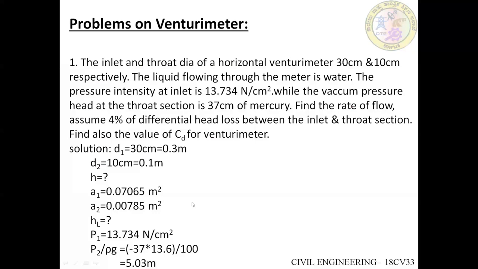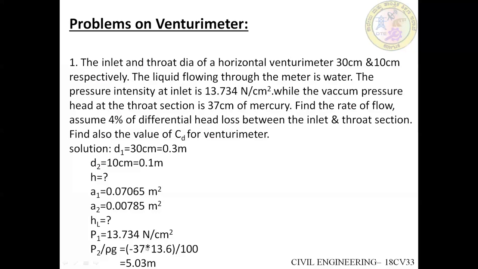And P1, the pressure intensity at section 1, is given. It is in Newton per centimeter square, so if you convert this to meter square, you multiply by 10 to the power of 4. Whereas in section 2, they have given the vacuum pressure, so you need to write this value with a negative sign. Since it is 37 centimeters of mercury, it is not a pressure value, it is a pressure head value.